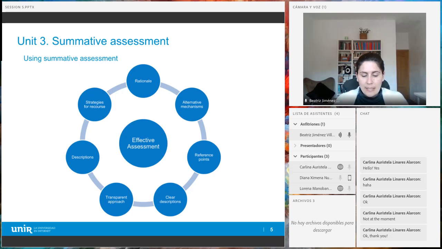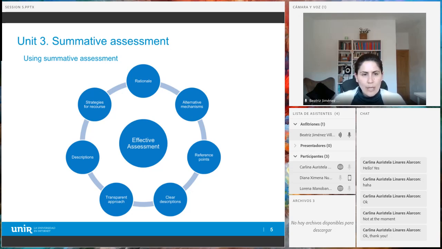So in case they disagree with our decision, or they are not sure if that mark is the correct one, they need to know what they can do in order to have recourse regarding that final mark.